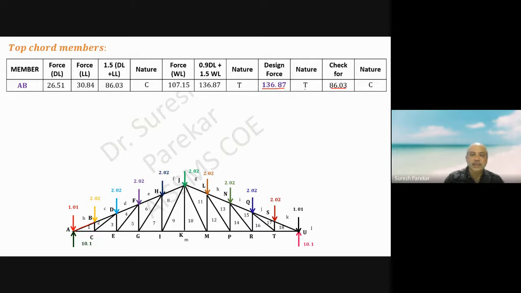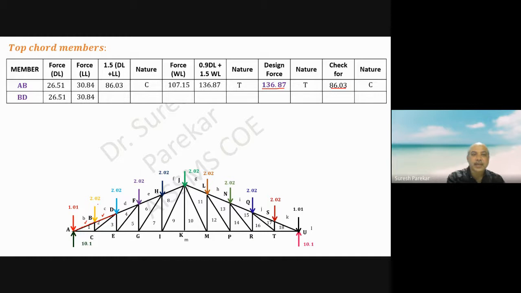And generally these are of opposite nature. So this is AB. Then if we go to the second, that is BD, these two members are collinear, and therefore the force in AB and BD due to dead and live load is the same, which is 86.03, and again compression, because collinear members are there.